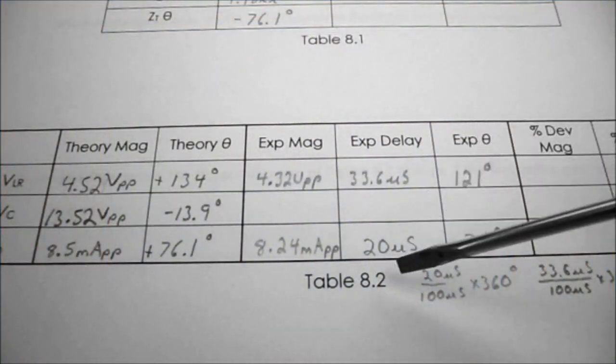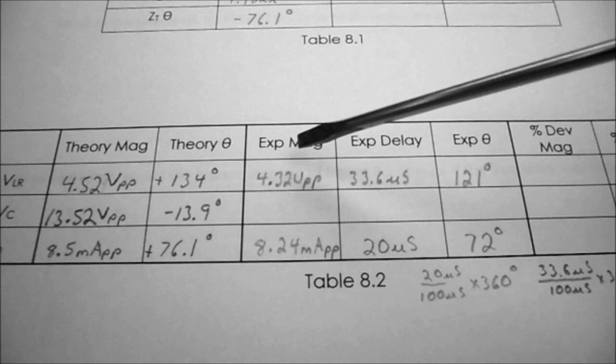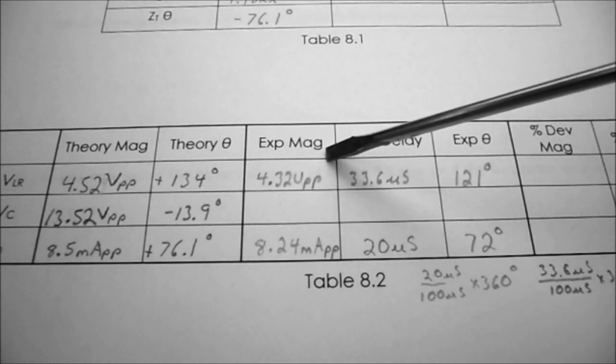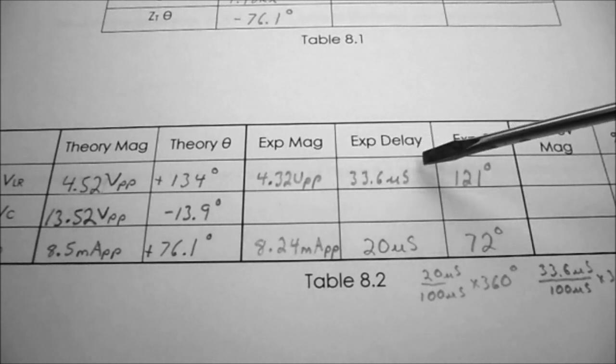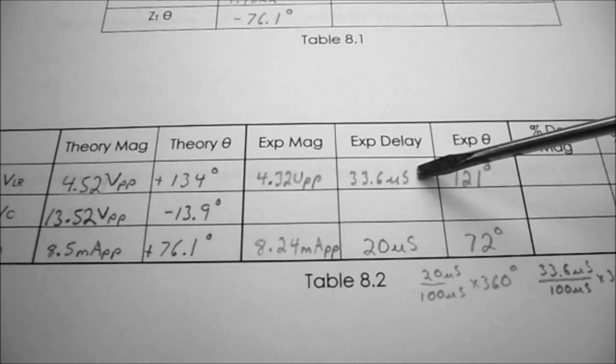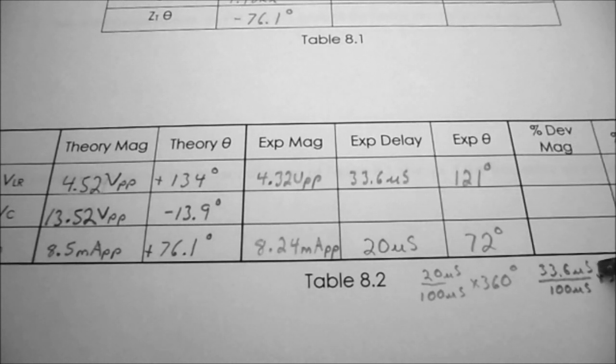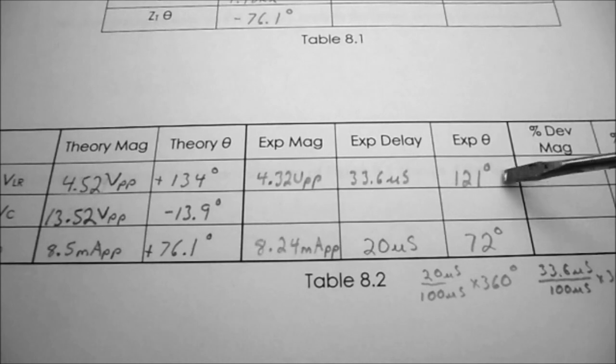So in table 8.2, for V_LR, my experimental magnitude was 4.32 volts peak to peak. My experimental delay was 33.6 microseconds. Dividing the 33.6 microseconds by the period times 360 degrees works out to a 121 degree phase angle.